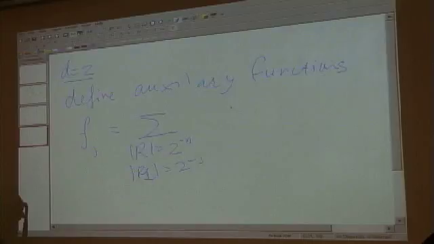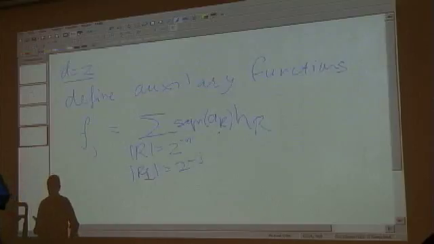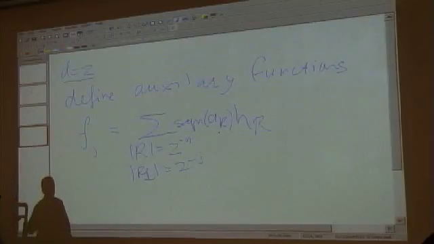Now I take the R function, and now I take the signum of AR, which looks a little odd, because this AR is either minus 1 or 1, but I don't want 0 to appear. So we agree that the signum of 0 is 1.